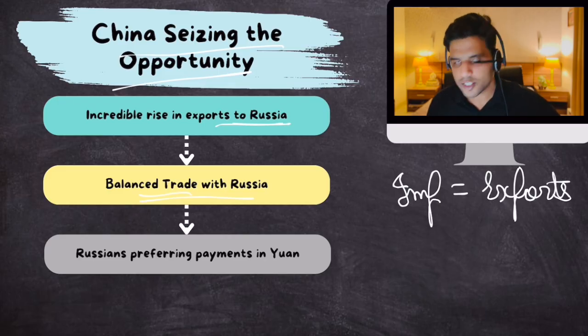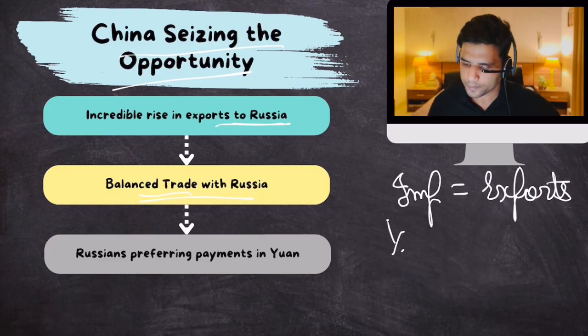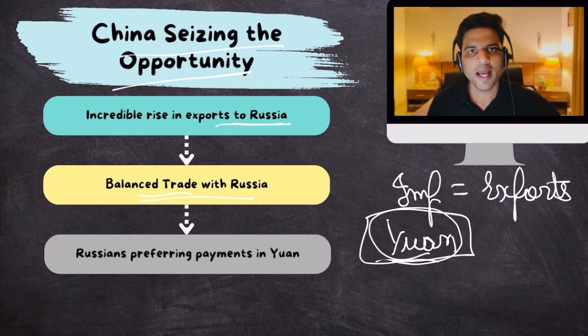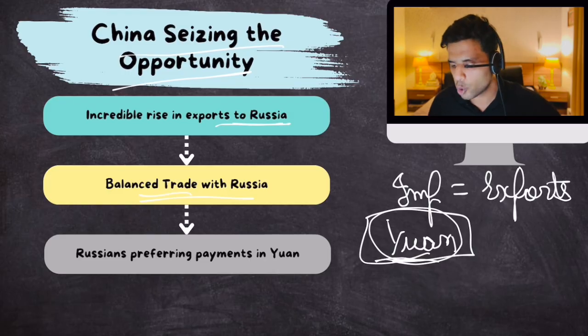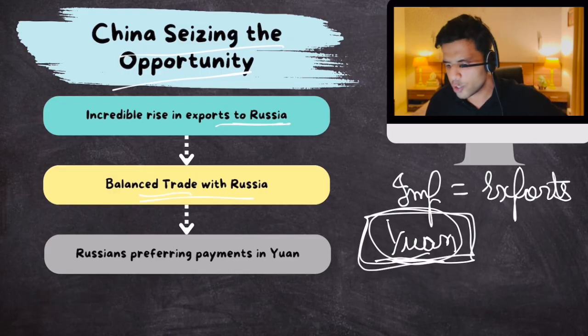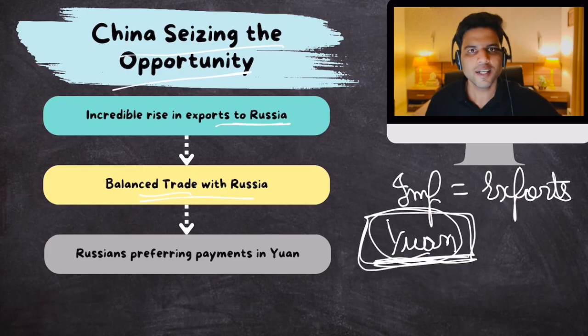Now, when there is balanced trade between the two, Russians have a lot of value for the Yuan. So when China buys something from Russia, it makes payments in Yuan, and Russia is ready to accept those payments in Yuan because Russia knows that it has to buy certain things from China also. It will buy. It is already buying. So it will use these Yuan there. So Yuan is more acceptable to Russia.